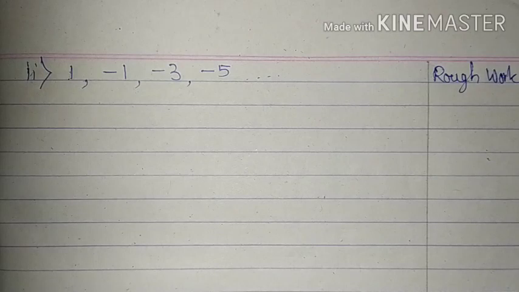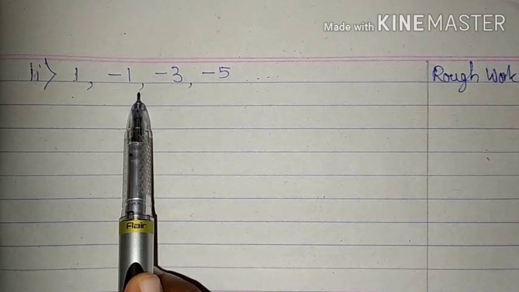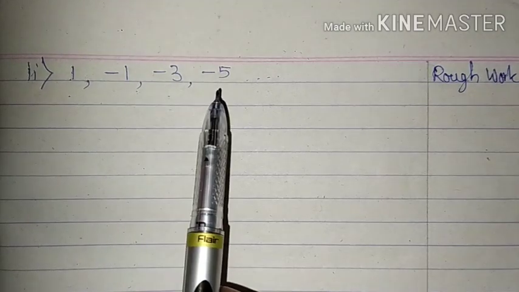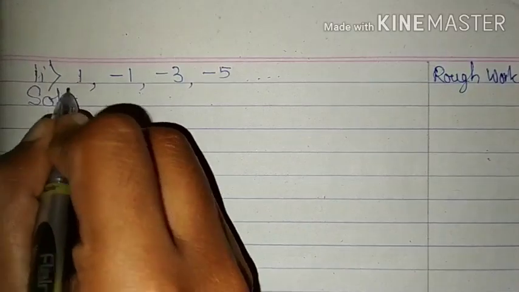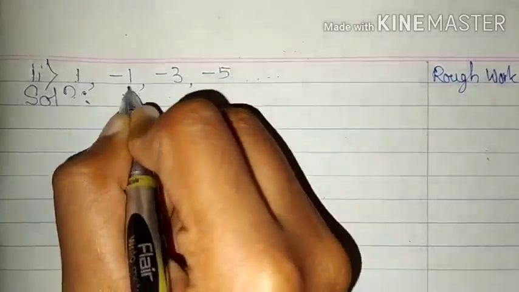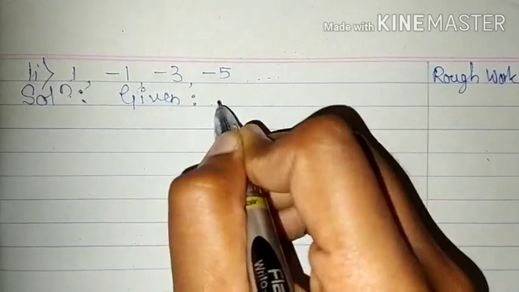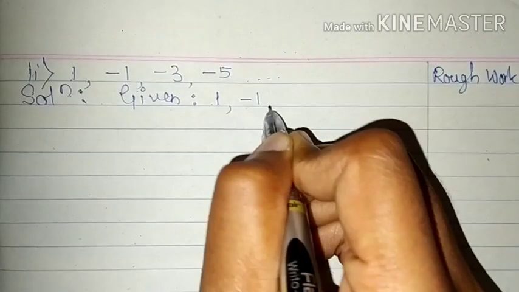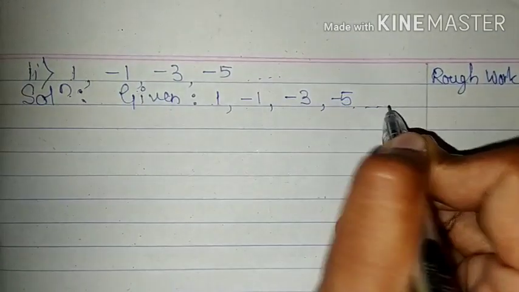I told you that there are several lists of numbers here. In the second list we have 1, minus 1, minus 3 and minus 5. Now solution, proceeding as in the previous sum. Given 1, minus 1, minus 3, minus 5, and so on.